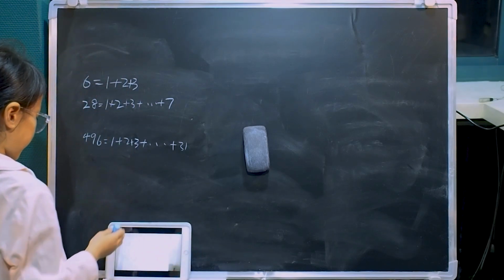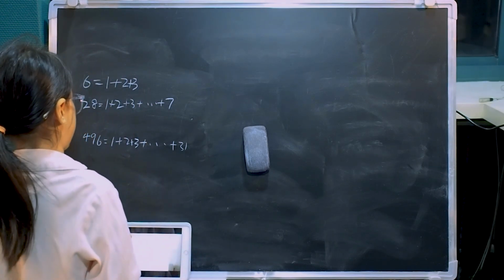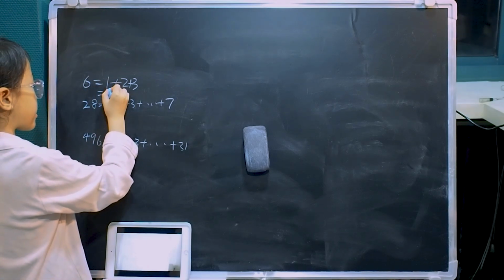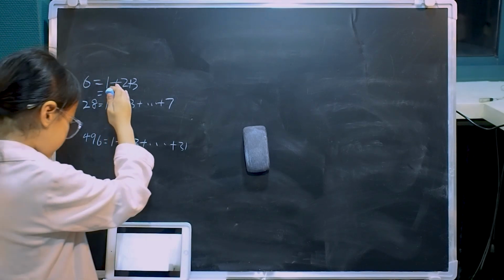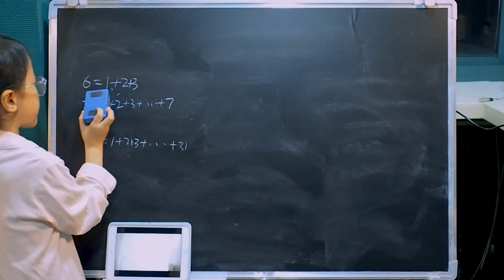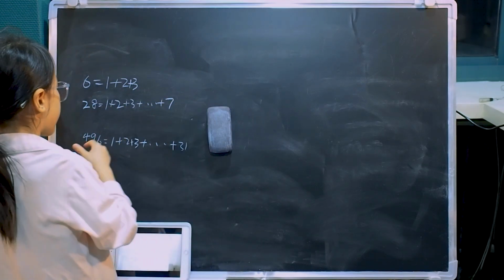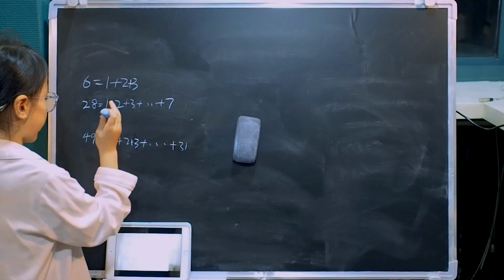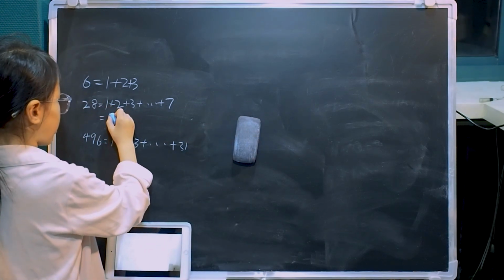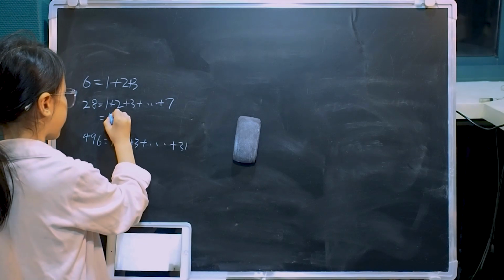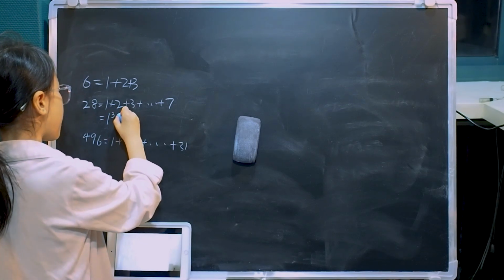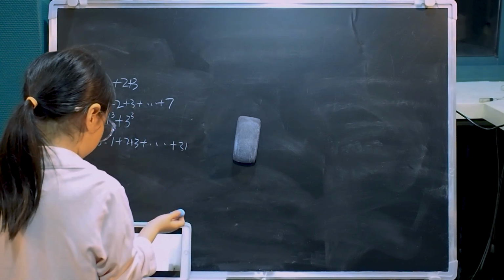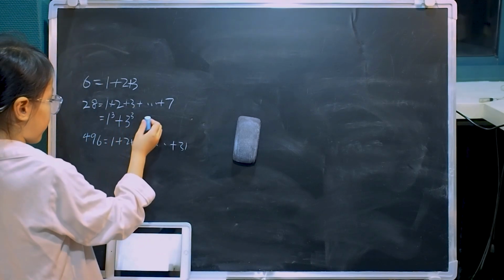And every one of them, actually, we can change to cubes. 6, you can't change it anyway. And 28 you can change to 1 cube plus 3 cube.